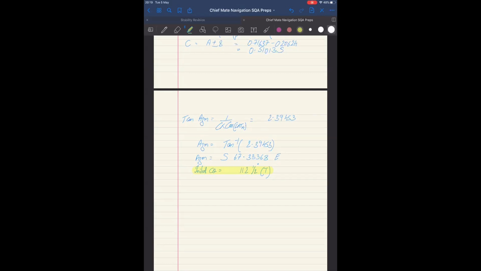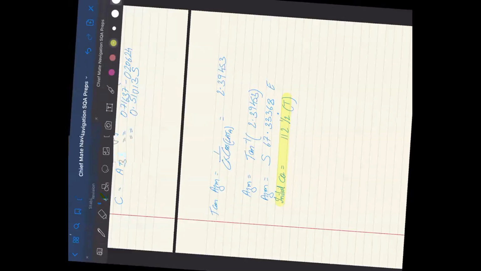So C was 0.51013 times the cos of my initial latitude, which was 35 degrees, 3 minutes, divided by answer. What are you getting? Hang on a second, I'll just do it now. Okay, no problem. I will just share my calculator and tell you how it's to be done.